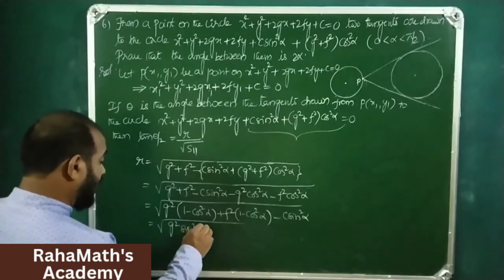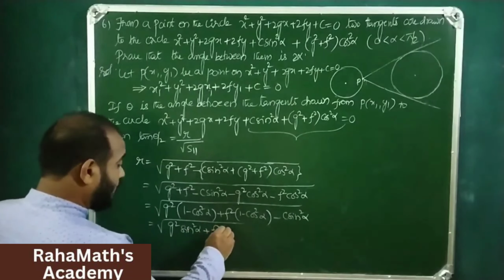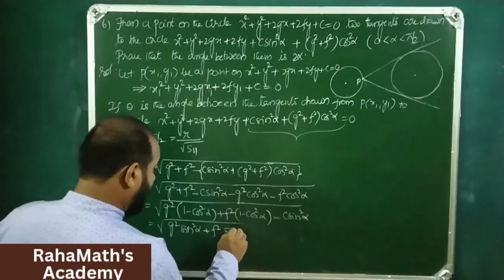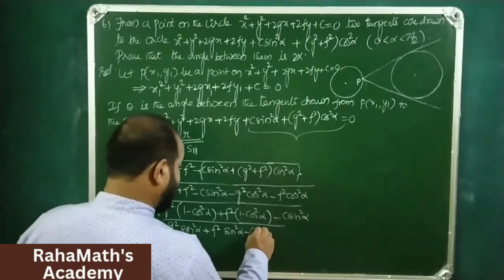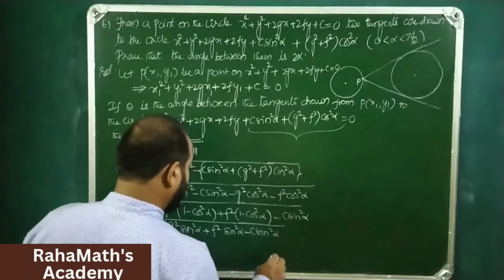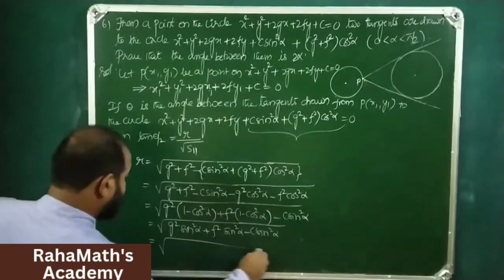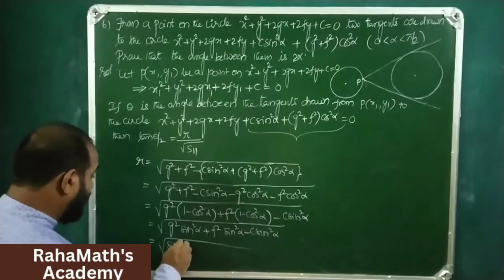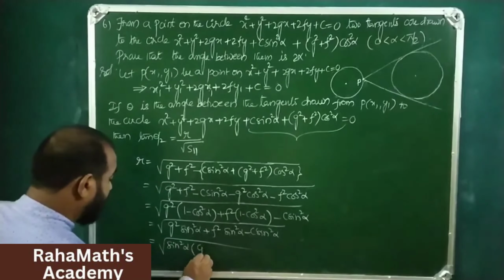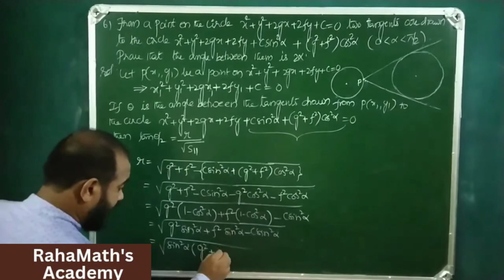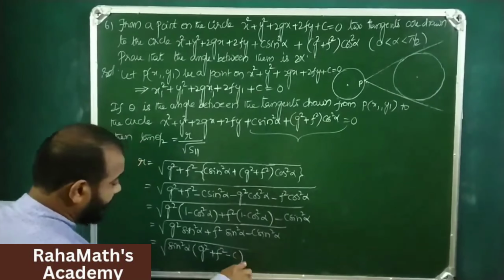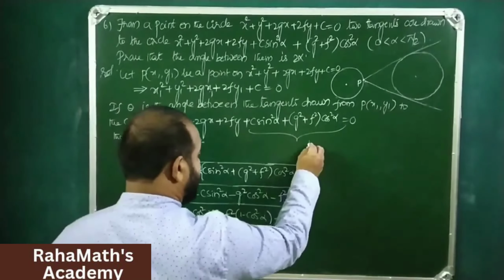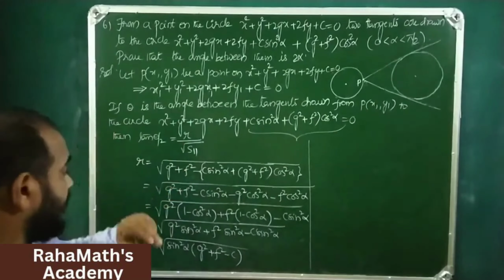So g square sine square alpha plus f square sine square alpha minus c sine square alpha. If I take sine square alpha as common, then g square plus f square minus c. So this is r.